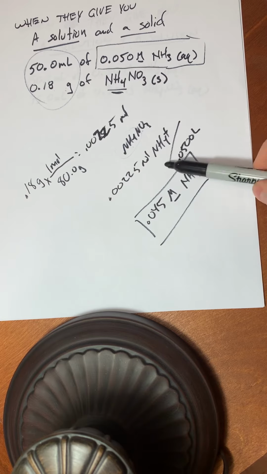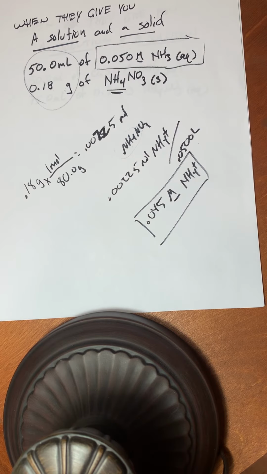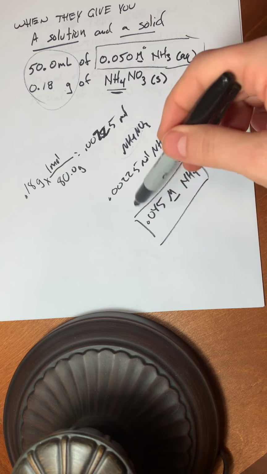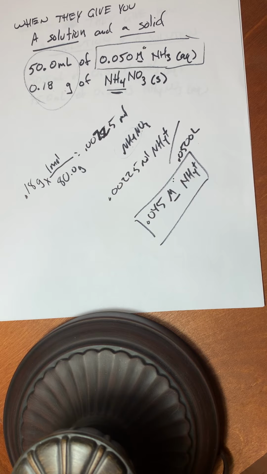So you take that moles and divide it by the total volume, 50 milliliters, 0.0500 liters, which gives us 0.045 molar ammonium ion. The 0.050 molar goes where our weak base is, and the 0.045 molar ammonium ion goes right into the initial value for our conjugate acid.